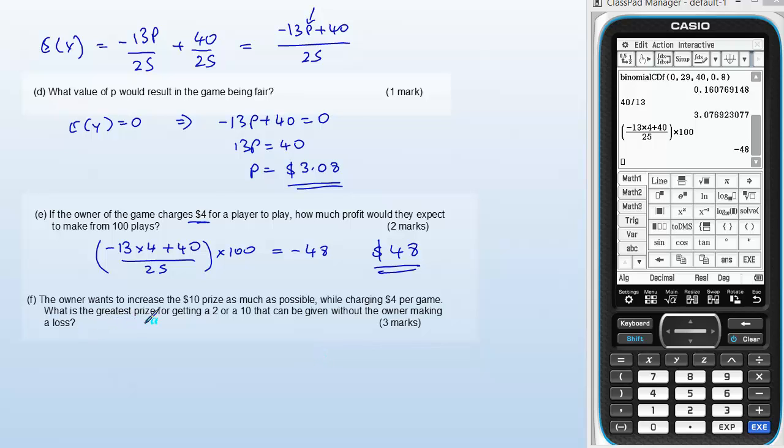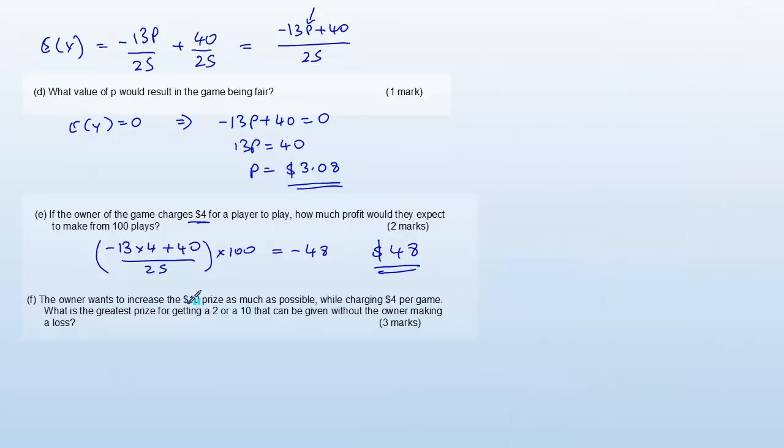The owner wants to increase the $10 prize as much as possible while charging $4 per game. What is the greatest prize for getting a 2 or a 10 that can be given without the owner making a loss? Well, that needs us to go back to our table for y, and the probability y equals y.